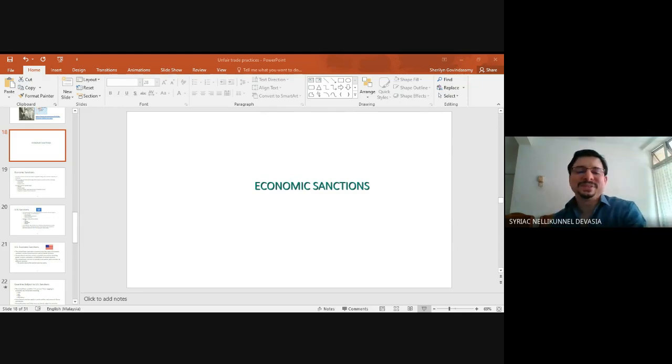Examples of specially designated nationals can be Osama bin Laden, then Hezbollah, and so on. So many cases we had here. All these persons and organizations are on the list of sanctions by the UN, European Union, and a number of countries. So trading with these organizations, or dealing with these countries or individuals, is strictly prohibited.